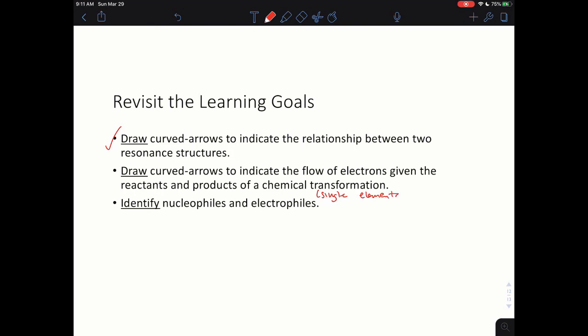And finally, that you can identify nucleophiles and electrophiles. Nucleophiles are often electron rich and they donate electrons. Electrophiles are electron poor and they accept electrons. Okay, time to practice.